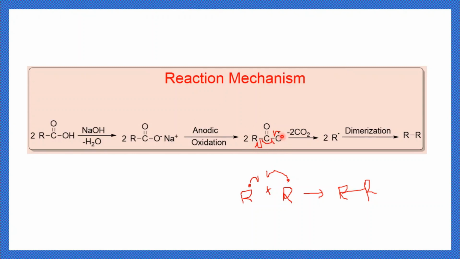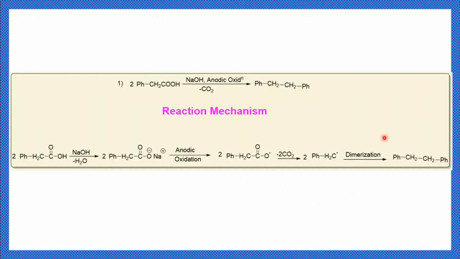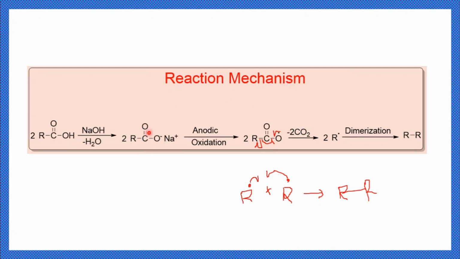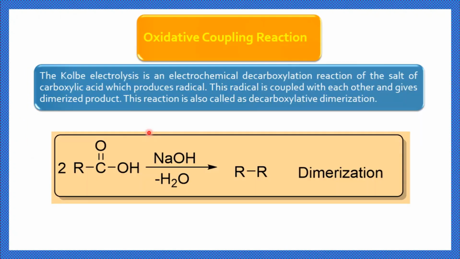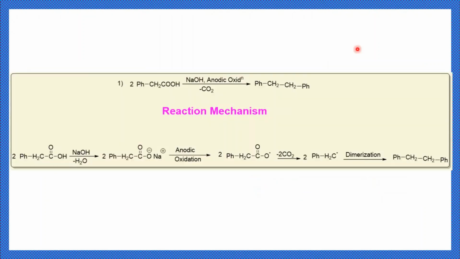Then this radical undergoes decarboxylation, it generates 2 R radicals, then the dimerization of these 2 radicals takes place, and you will get this final product. So this is the general reaction mechanism of this oxidative coupling reaction.